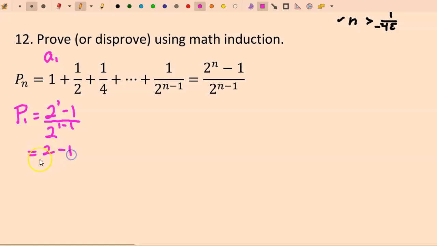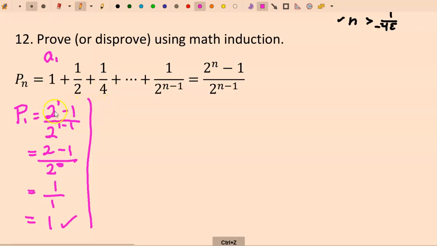So good on your arithmetic. Of course, we get 1 over 1, which is 1. So that checks out. Then we have to do the next step, and you do need to write this out, the P, where we say, okay, we tried 1.